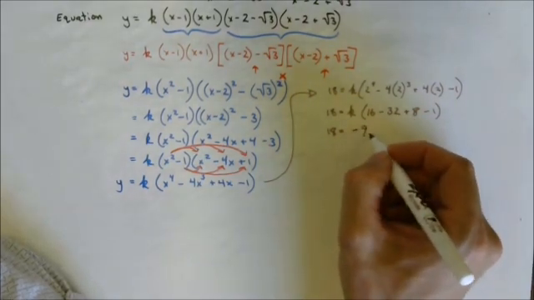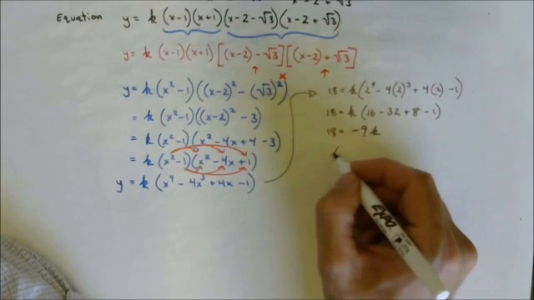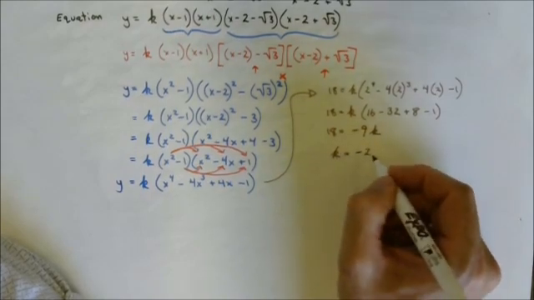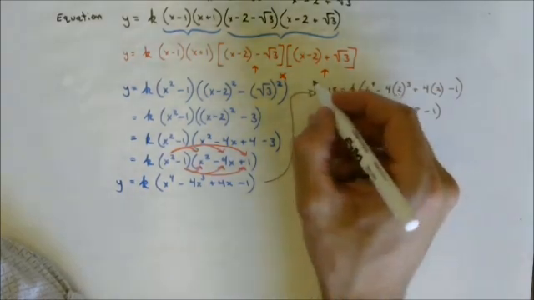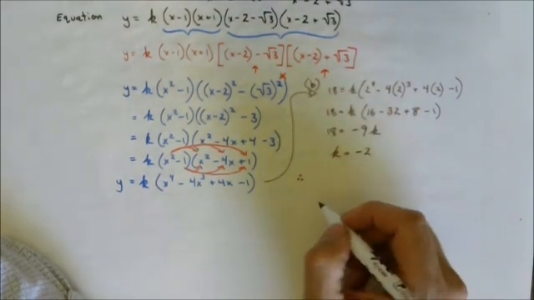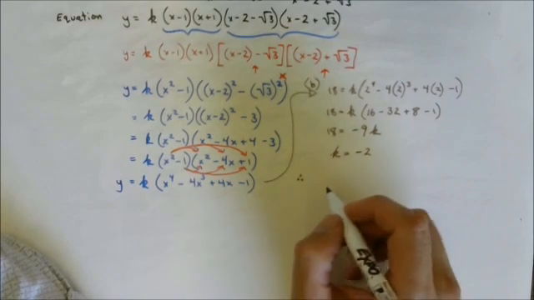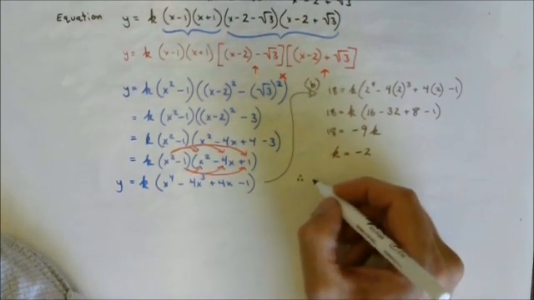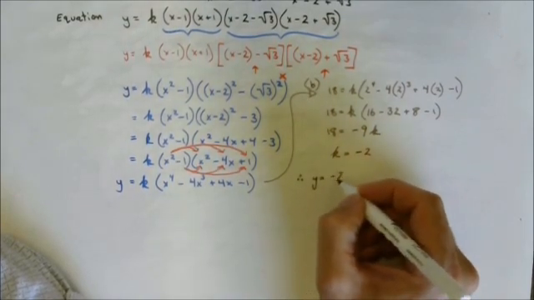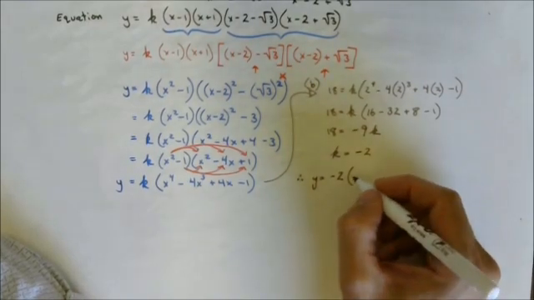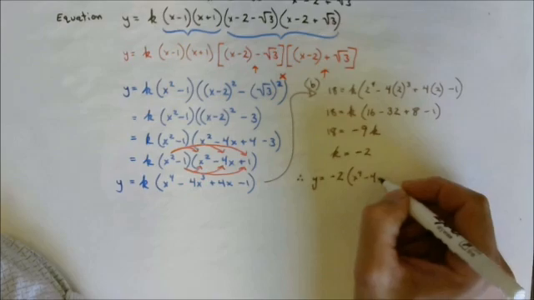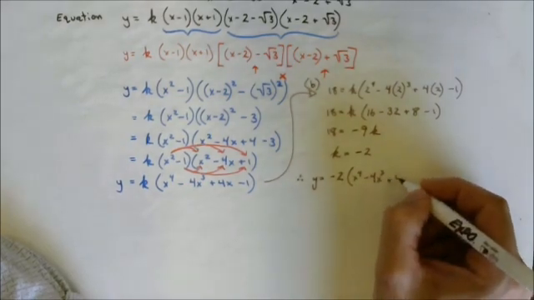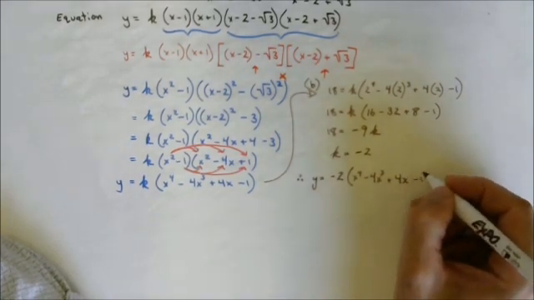So we've got negative 9 k's, divide both sides by negative 9, we end up with k equals negative 2. So, for part B, the member of this family that goes through (2, 18) is y equals negative 2 times, in brackets, x to the power of 4 minus 4x cubed plus 4x minus 1.